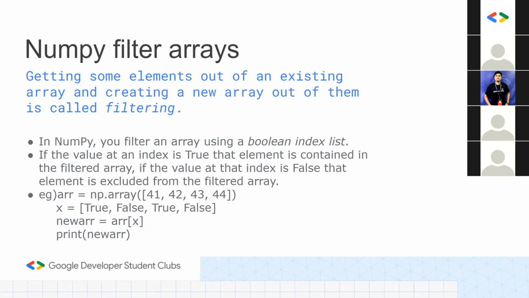If the value at that index is false, then the element is excluded from the filtered array. So let's consider this example where we have a single dimension array. We specify a Boolean index list called X, where we specify true, false, true, false. Let's just print this and check out what it prints when we give the new array.